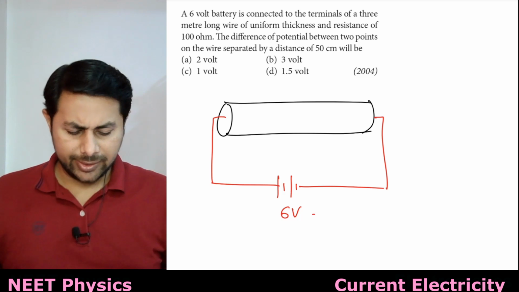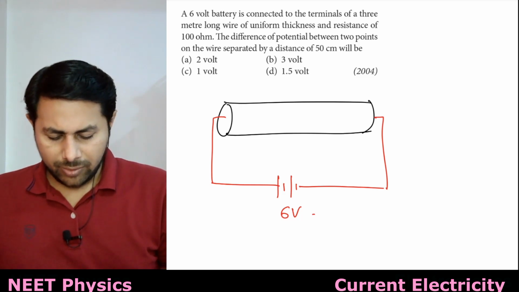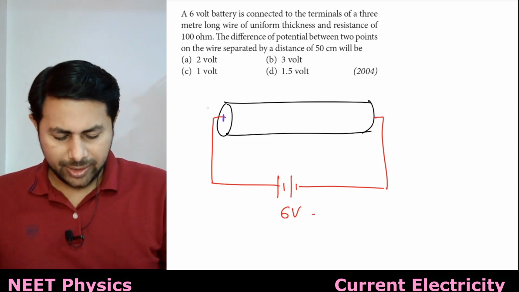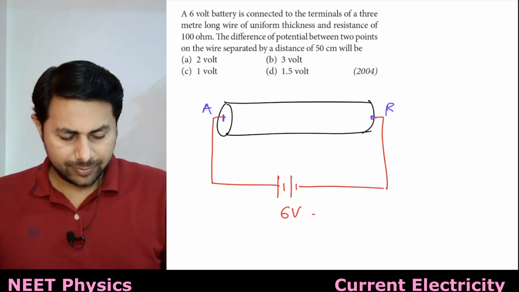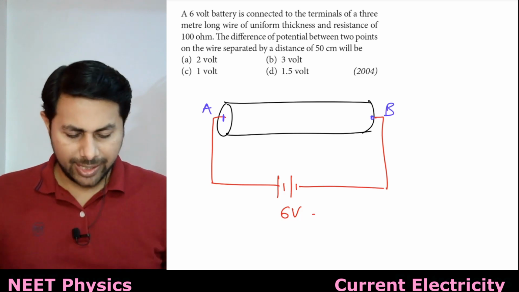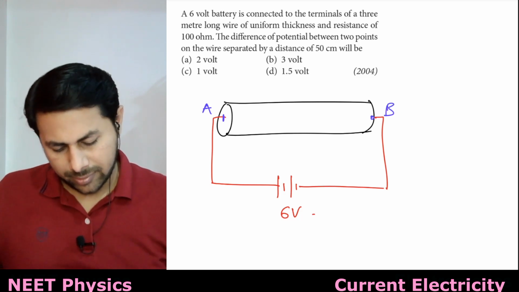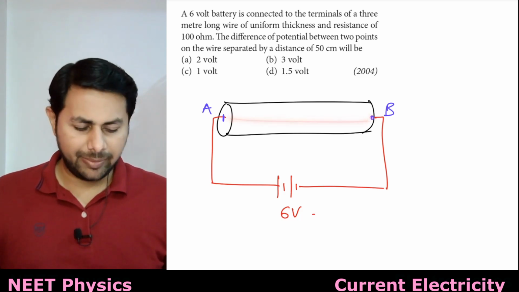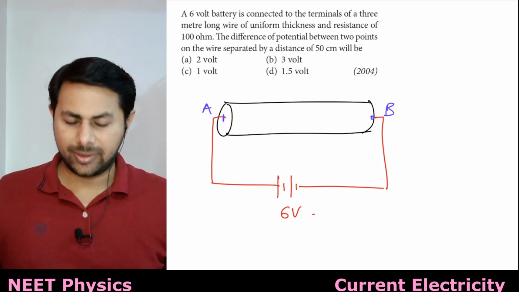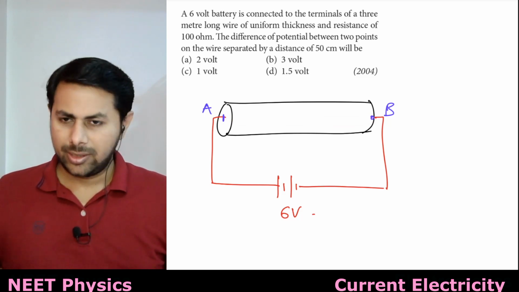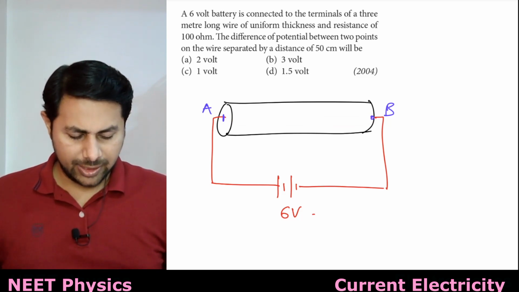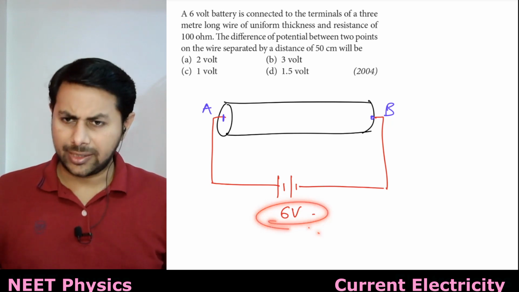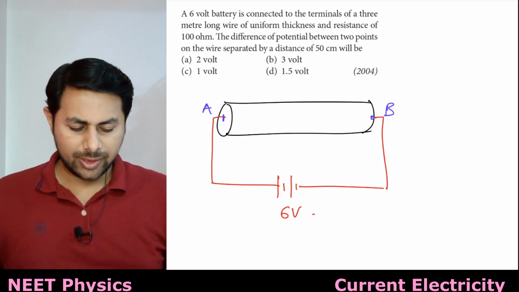So this is simple. What will be the potential difference between these 2 points A and B? They are separated by 3 meters. So the potential difference between them is 6 volts, that is the applied potential difference.